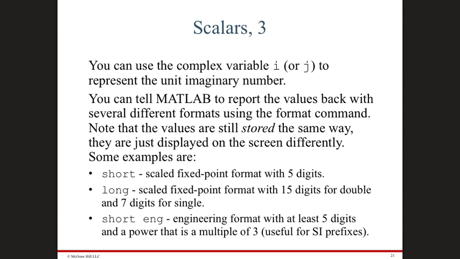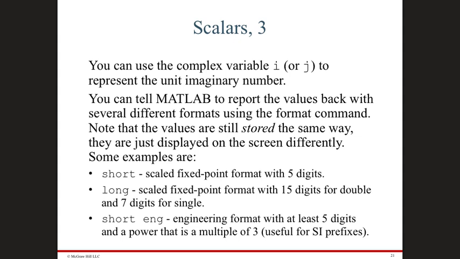MATLAB deals with scalar variables, which is like a single value variable, right? And you can define the number of bits allocated to that based on the type of the variable. So short, long, I think this is 2 bytes, this is 4 bytes. It can go up to 8 bytes as well. And then you can also define formatting.